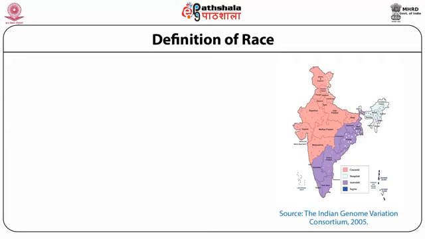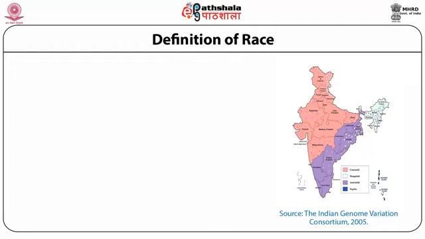Besides, different waves of migration have led to admixture of different ethnic groups, cultures and languages with the native population, thereby contributing significantly to the present day gene pool of the subcontinent. With the exception of Africa, such an extent of genetic diversity is not observed in comparable global regions.